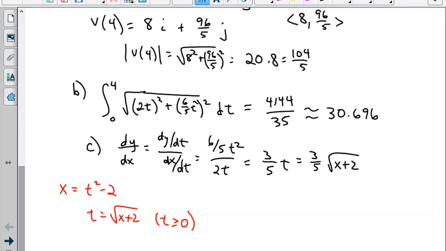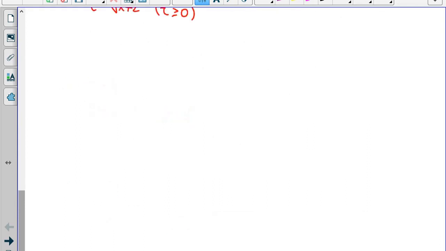The other way I could do this is I could have made substitutions at the beginning of the problem. So I'll show that really quick. Dy dx. If I notice that y of t is 2/5 t cubed, I could just make the substitution right here.